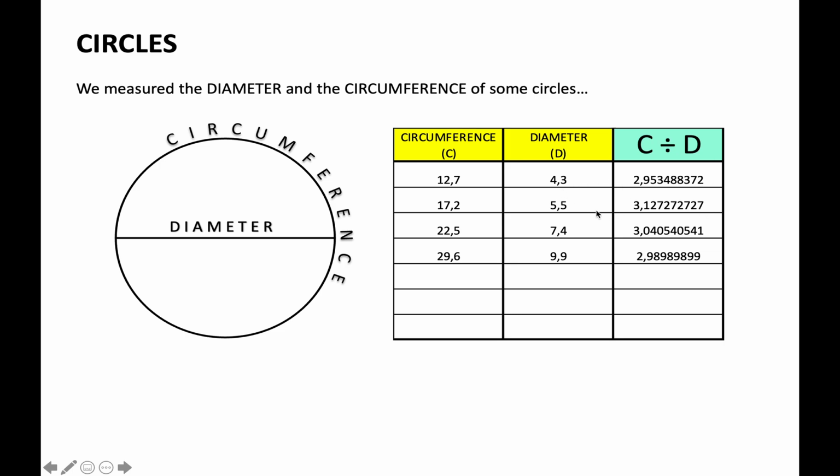Then we observed that the circumference was typically about 3 times as big as the diameter. So in fact, you can try this yourself. So copy out the table neatly and then do a few more with strips of paper and measure them yourself and see what results you get for circumference, diameter, and circumference divided by diameter. So when you've done all that and got this written down, you can carry on, but in the meantime, pause the video.